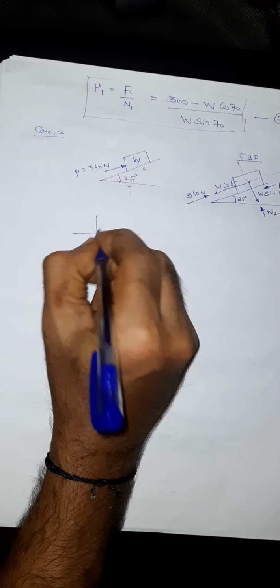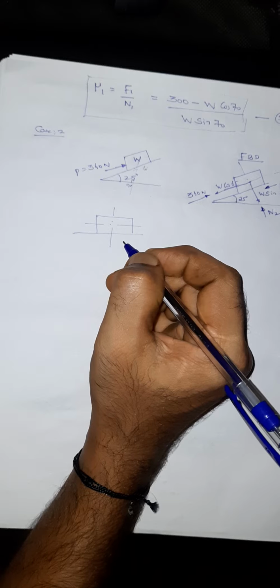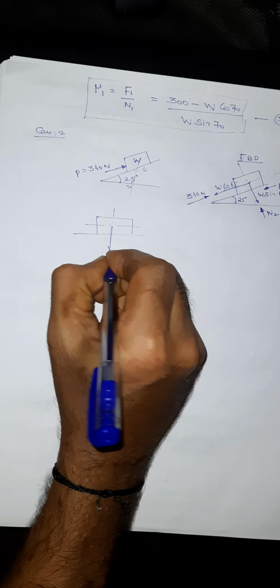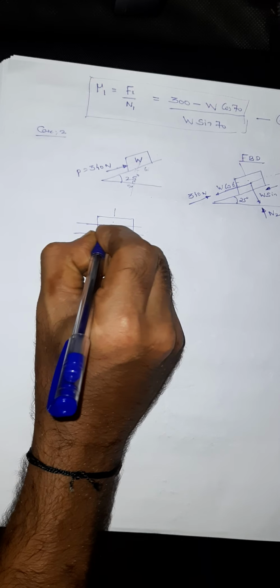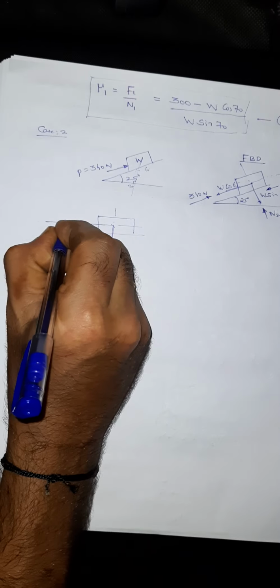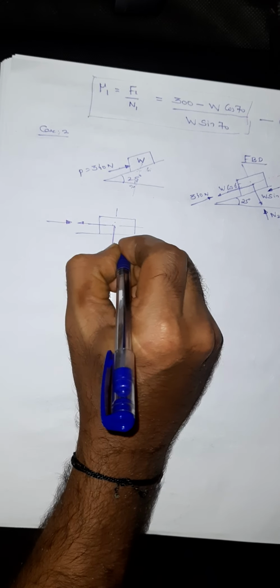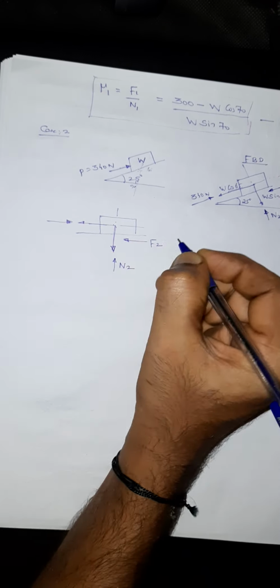So I'm just going to redraw this as a simplified FBD, which won't confuse you when you consider the resolution of forces. So this is the horizontal force, this is the vertical force, and an external force acts, and the normal reaction and the friction F2.